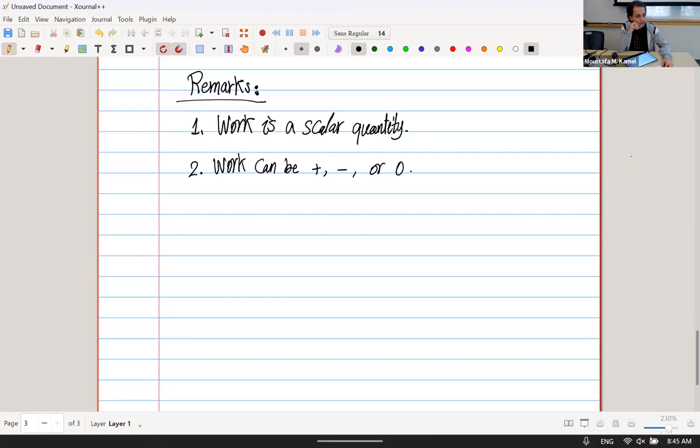Whether there's anything going into or out. Exactly. So if the work done is positive, then energy is transferred to the system. If work done is negative, then energy is transferred out of the system. And if it's zero, then there is no energy transfer at all, which we said to be conservation of energy.